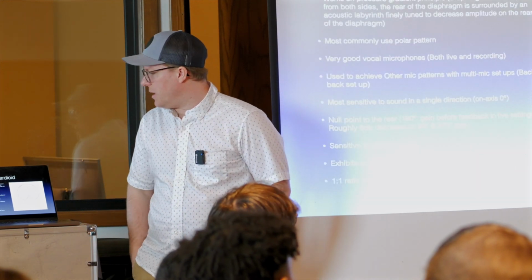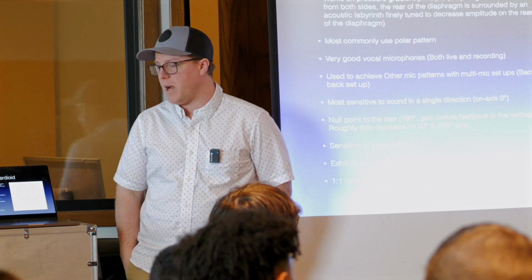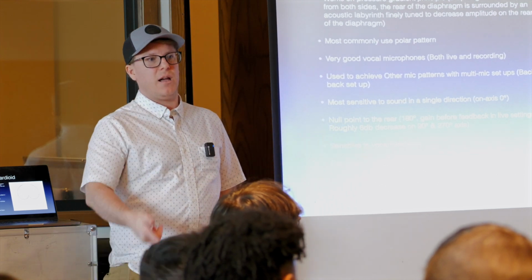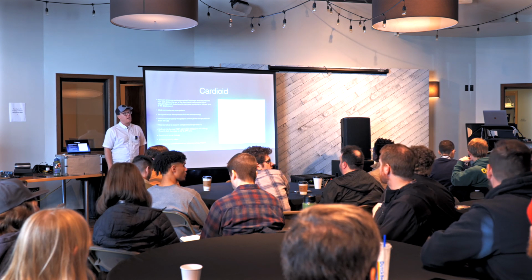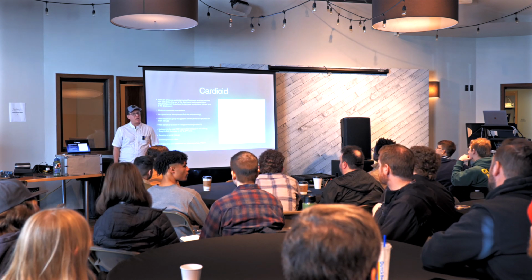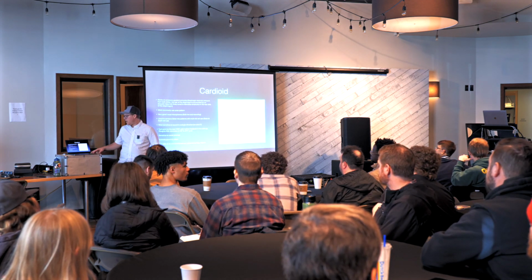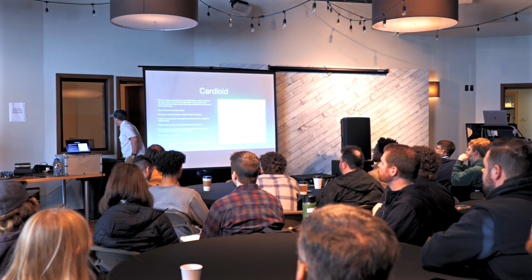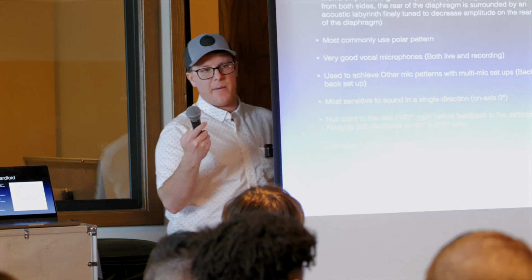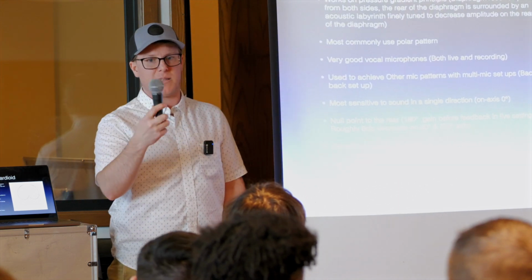So next up is the cardioid mic. This is going to be, yeah, go ahead. Just to make these diagrams a little easier to understand, can you indicate where the microphone is and how it's oriented? Yeah, let me grab a microphone actually. So here's your dynamic microphone. Everyone recognizes this.